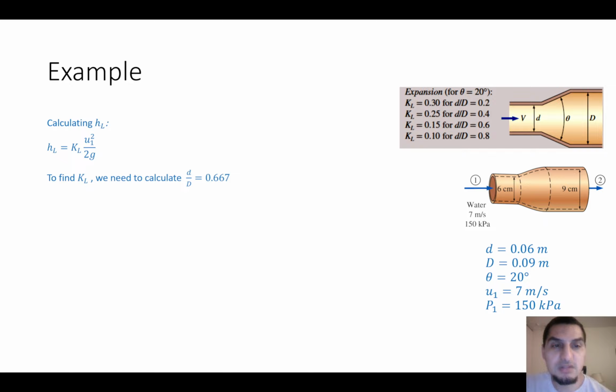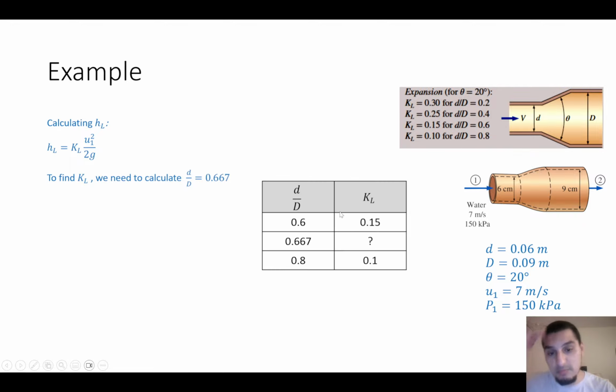You can get the number as an estimation, but if we want to get an accurate value, we can do linear interpolation, which means that we pull the data from the table, and we assume that the relation between d over D and KL is a linear relation, which means that the slope is constant.